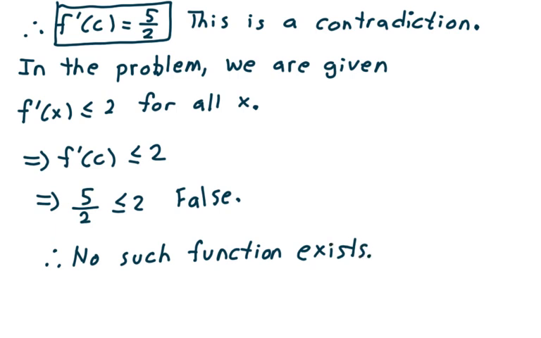So this contradicts the condition in the problem where f prime of x is less than or equal to 2. Everything else along the mean value theorem follows really well. It's the condition that f prime of x is less than or equal to 2 for all x that's causing us problems.